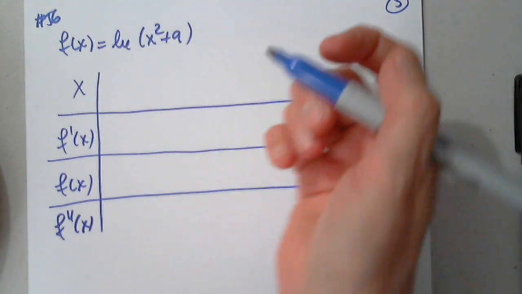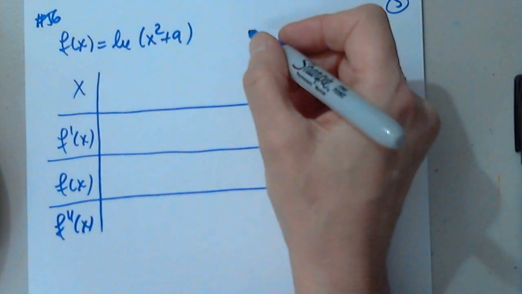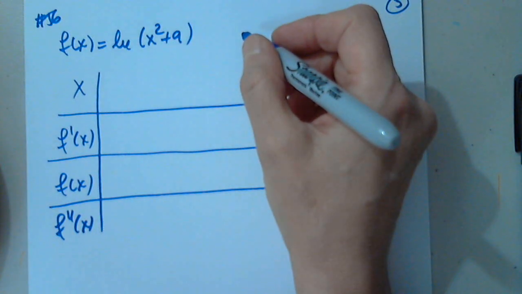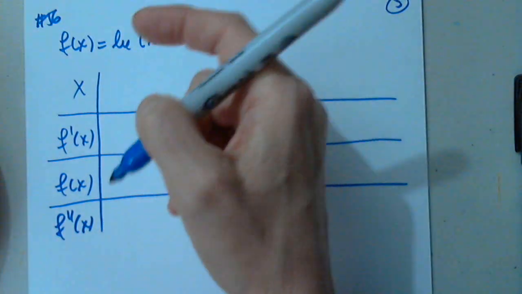So what do I have to write in order to find the domain of a log function? Is it all positive numbers? This has to be a positive number.